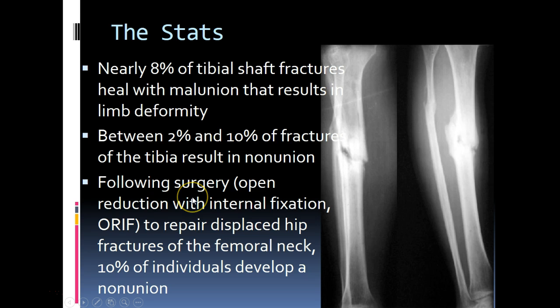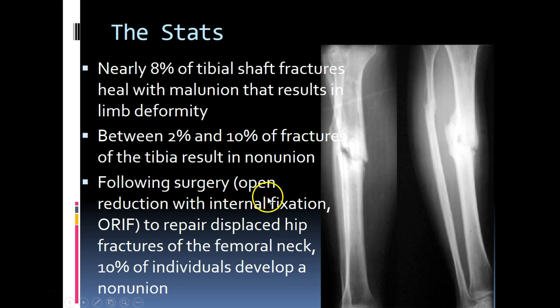We also see that following surgery to repair displaced hip fractures of the femoral neck, 10% of individuals develop a non-union. So after we repair a femoral neck fracture, they don't necessarily heal themselves. In other words, those bones don't heal very well. That's led to internal fixation, or the use of screws to hold that hip in place.